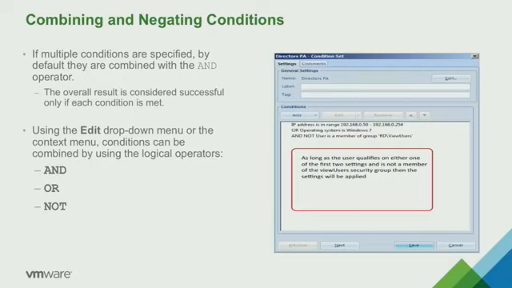So in this case, it says if the IP address is in this range or the operating system is Windows 7 and not, the user is not a member of this group. So you can have very complex evaluation of conditions. This one might be a way overly complicated example, but it gives you an idea of how much flexibility there is.